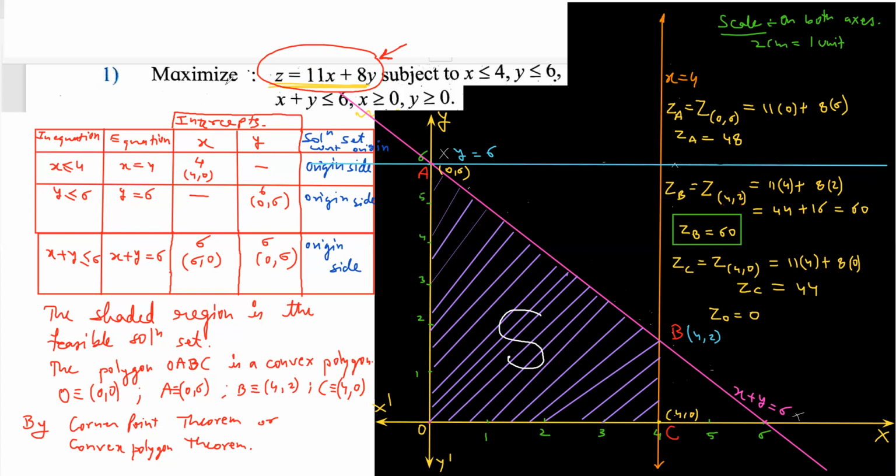Please copy this fast. Therefore, the maximum value of Z occurs at point B, 4, 2, that is, when x is 4 and y is 2. This is the final answer.